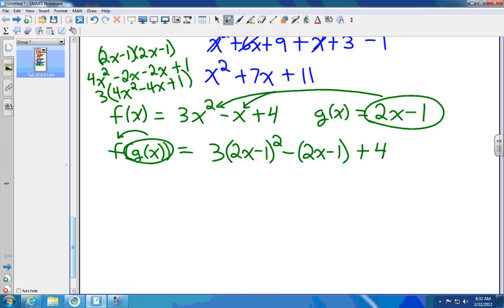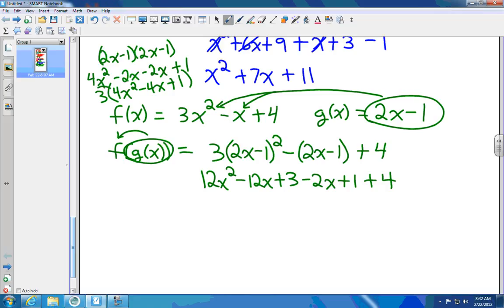So let's go ahead and distribute the 3. So we would have what first? 12x squared minus 12x plus 3. And then what I would do here is distribute that negative inside there. So you would have minus 2x, and then negative 1 would be plus 1 plus 4. That way you've got all your numbers listed out there ready to combine.